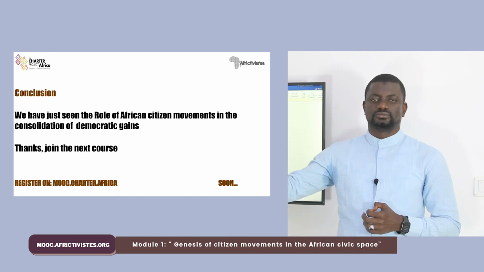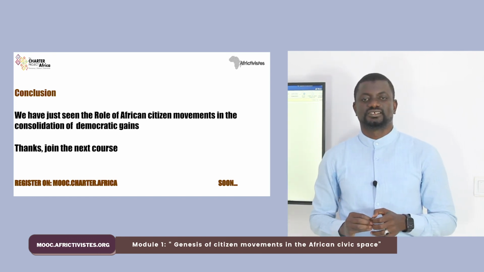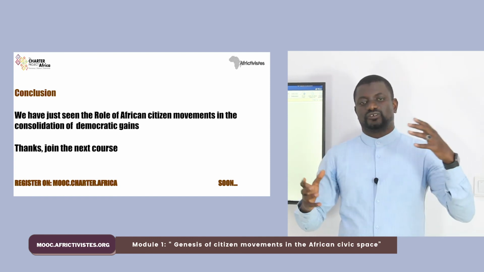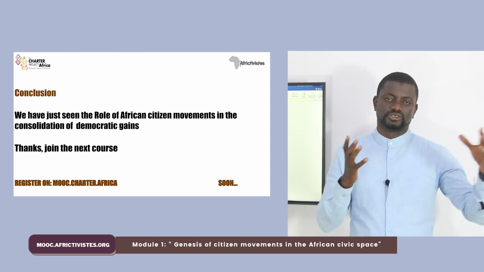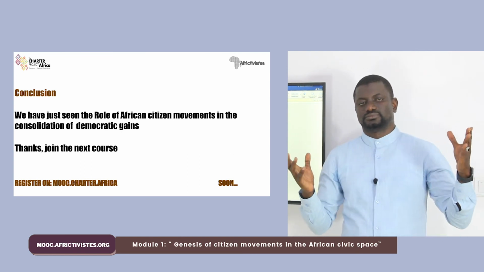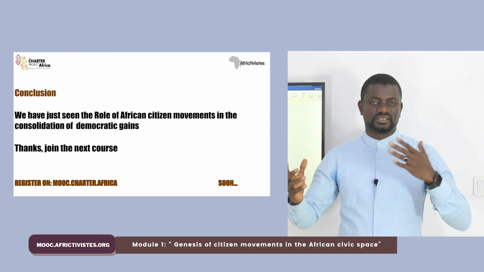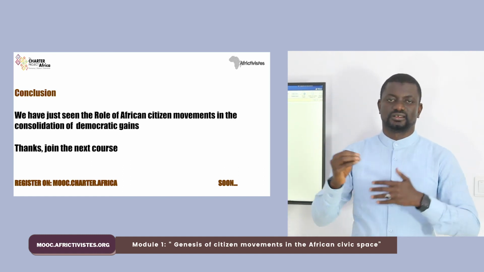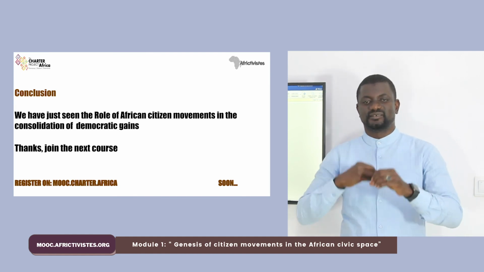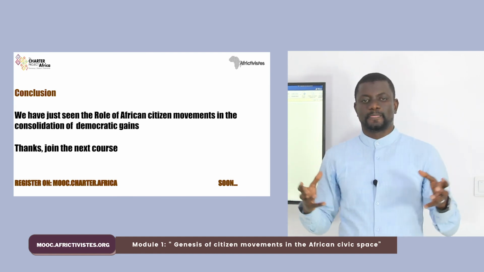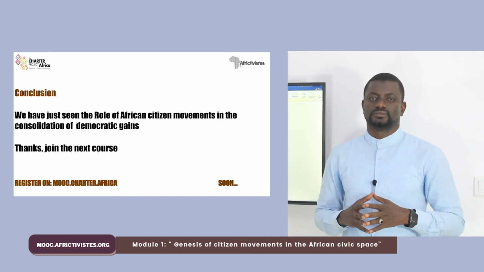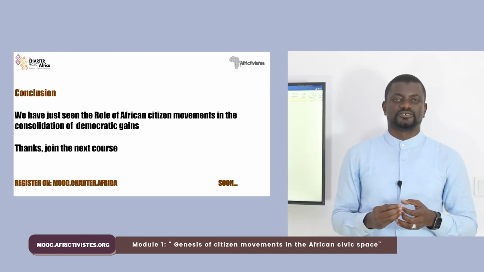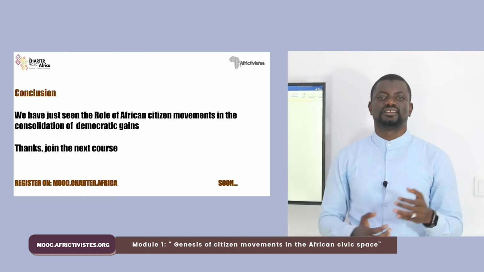We've also looked at how African communities were organized in different groupings, and how they formalized themselves into independence struggle movements. And in these movements, we've seen how they championed the cause of independence in different countries.